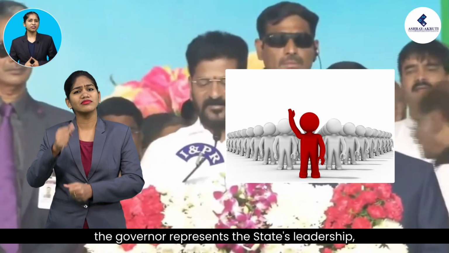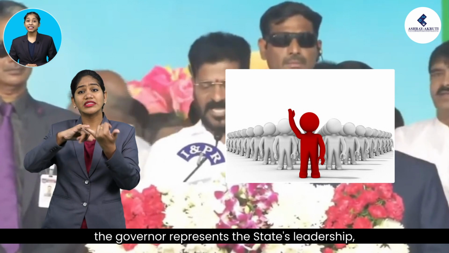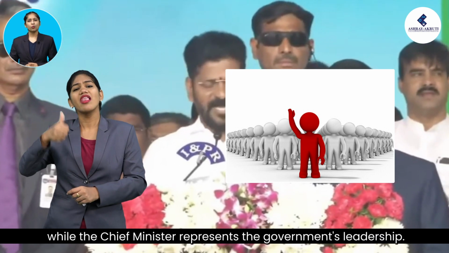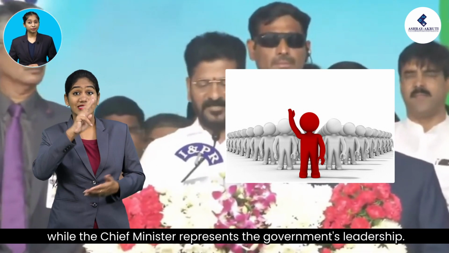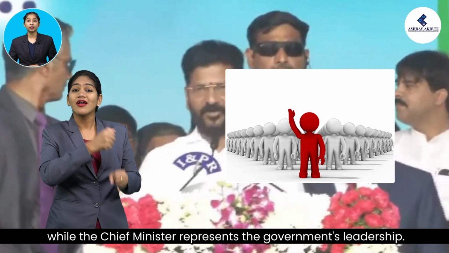Essentially, the governor represents the state's leadership, while the chief minister represents the government's leadership.